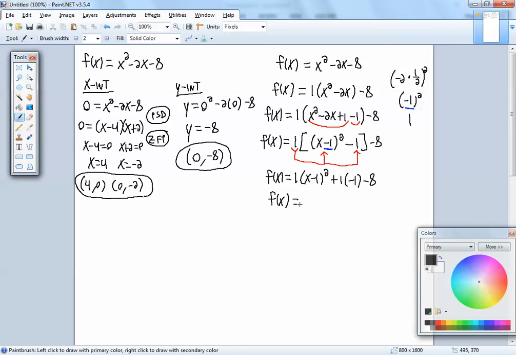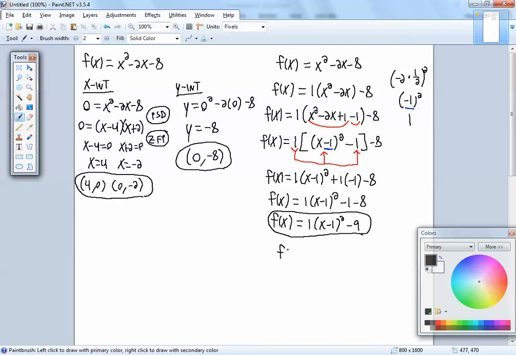Once we do that, we'll have 1 times x minus 1 squared. 1 times negative 1 is negative 1 minus 8. And then we have f of x equal to 1 times x minus 1 squared minus 9. And this is our standard form.